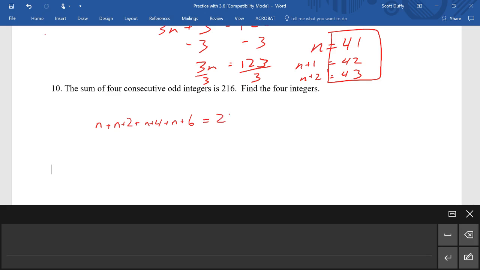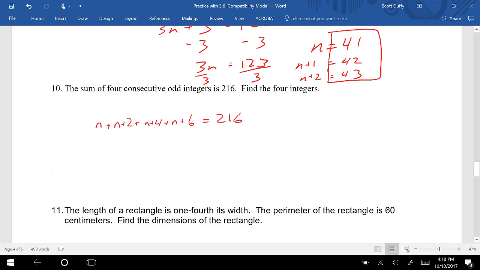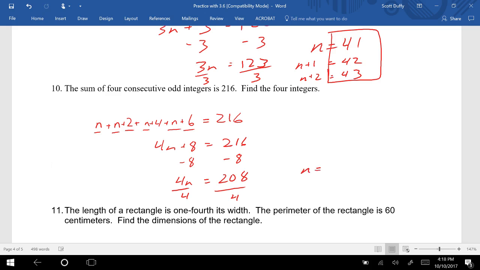They all have to equal 216. 1, 2, 3, 4 n's. Add 2 plus 6 more, adding 8 equals 216. Subtract 8, that is 208. Divide by 4, and n equals 208 divided by 4, which equals 52.